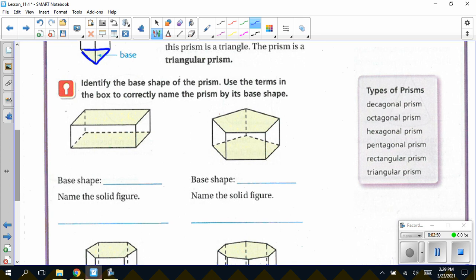So my base shape, I would write rectangles. Now, to name the solid figure, notice off to the right in the purple box, we have types of prisms. If you have a base shape that is a rectangle, you would see in the purple box that it is called a rectangular prism.